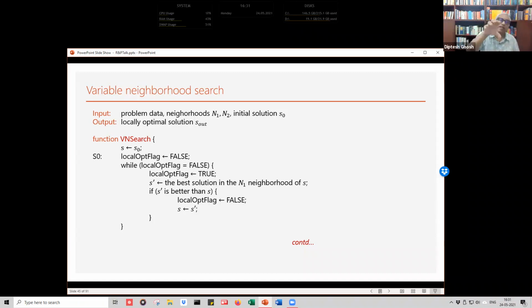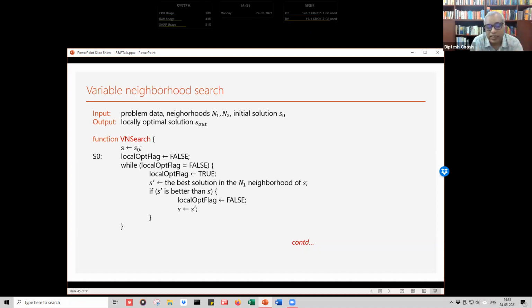So you spend the time computing the large neighborhood and find a solution possibly which is better than your original solution. Once you have that, discard the large neighborhood, go back to the small neighborhood, keep on doing local search. And you keep on doing these things, local search in various stages, till you find a solution which is locally optimal, not only for your initial neighborhood, but also for the larger neighborhood.